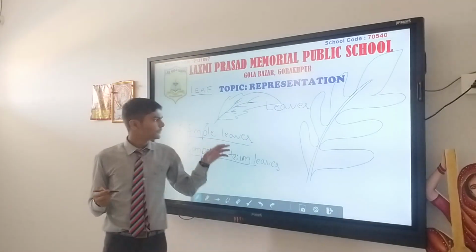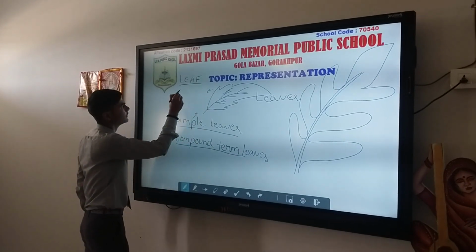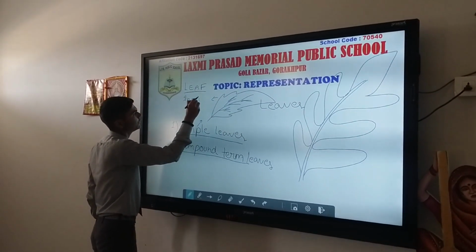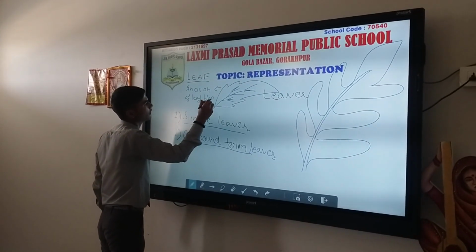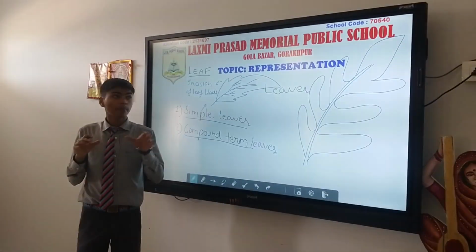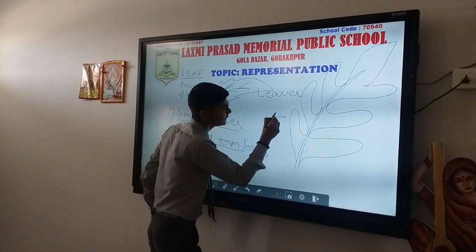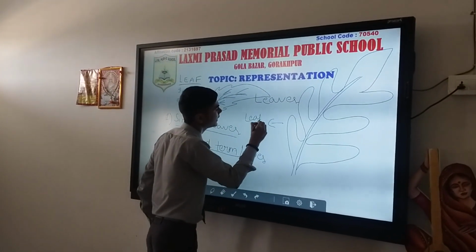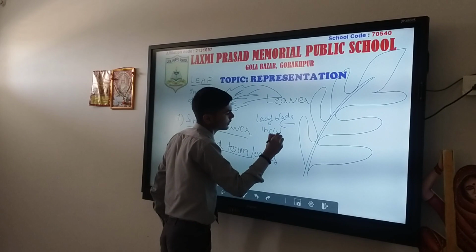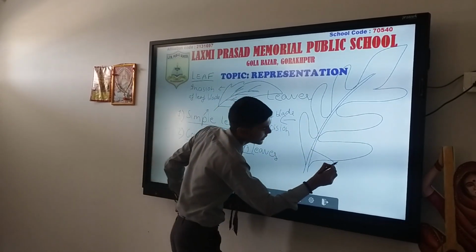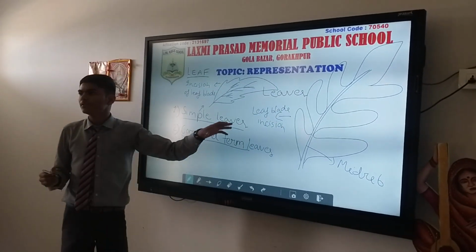We talked about the simple leaves in which the incision of the leaf blade does not touch the midrib, and it is termed as simple leaves. And when the incision of the leaf blade touches the midrib, that leaf is known as a compound leaf.